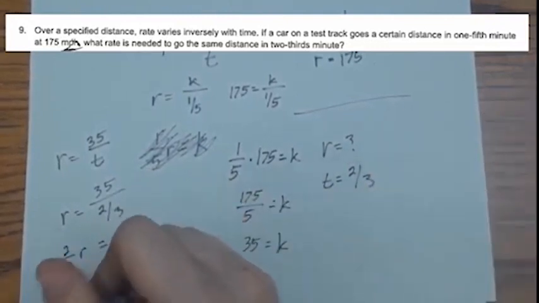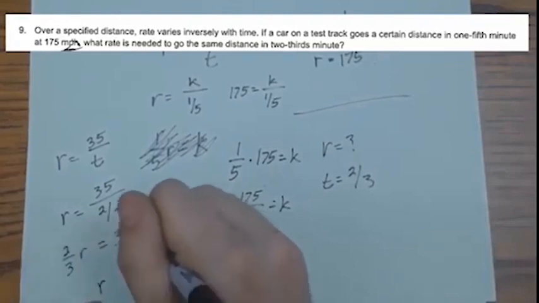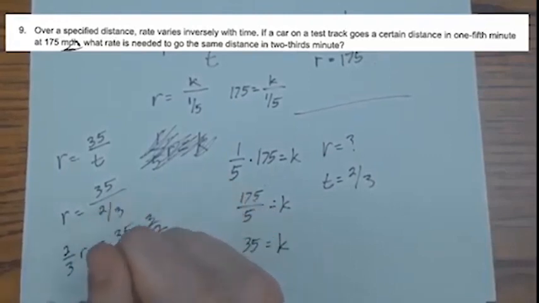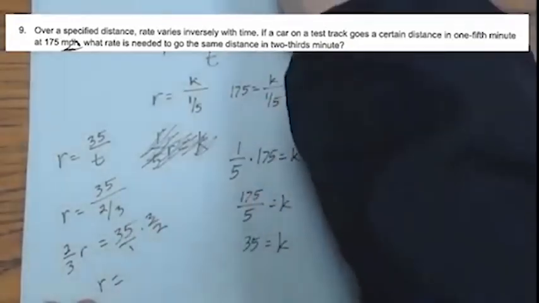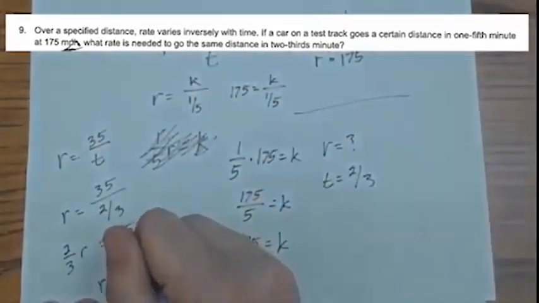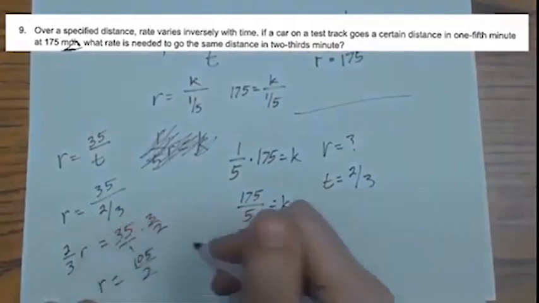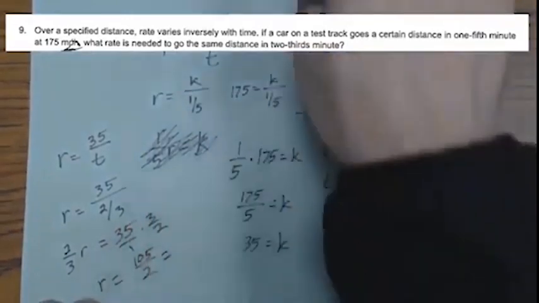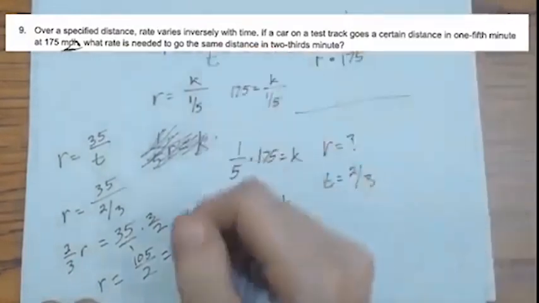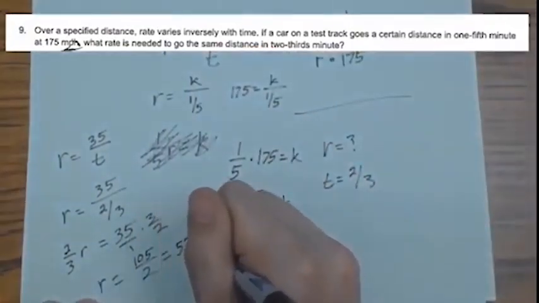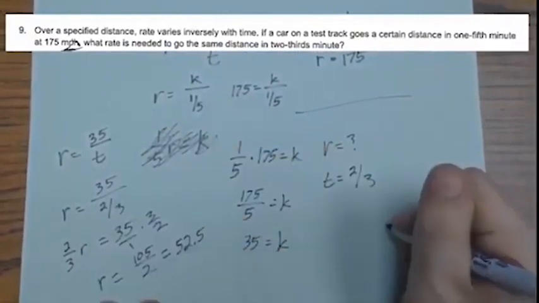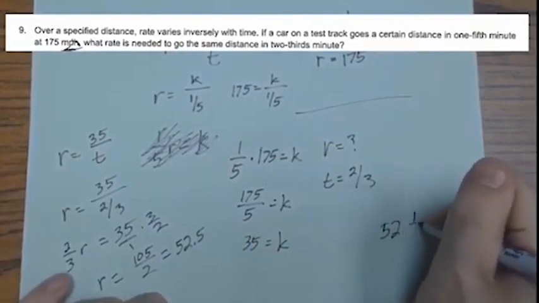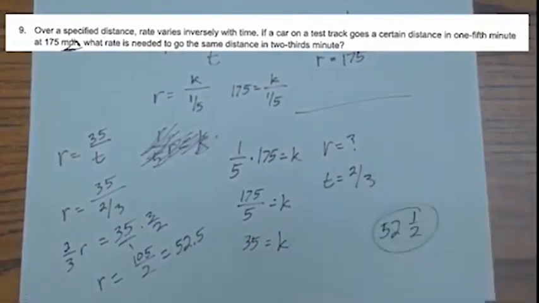Unnecessary, unless you need to see that we're multiplying by 3/2. Fractions, am I right? So this is 105 over 2, which is 52.5. Since we were dealing with fractions the whole time, instead of 0.5, we really should say 52 and 1/2.